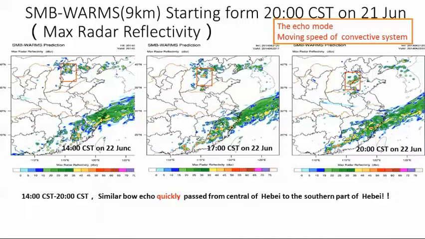Look at this image, the bow echo, and at 20 o'clock, the bow echo embedded in the linear line passed quickly. The echo mode is bow echo, or bow echo embedded in a linear line.